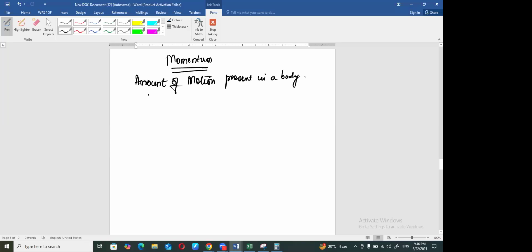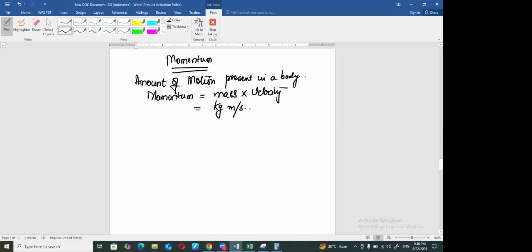Mathematically, it can be given as momentum is equal to mass multiplied by velocity. If you ask me what the unit for that is, the unit will be kilograms meter per second.